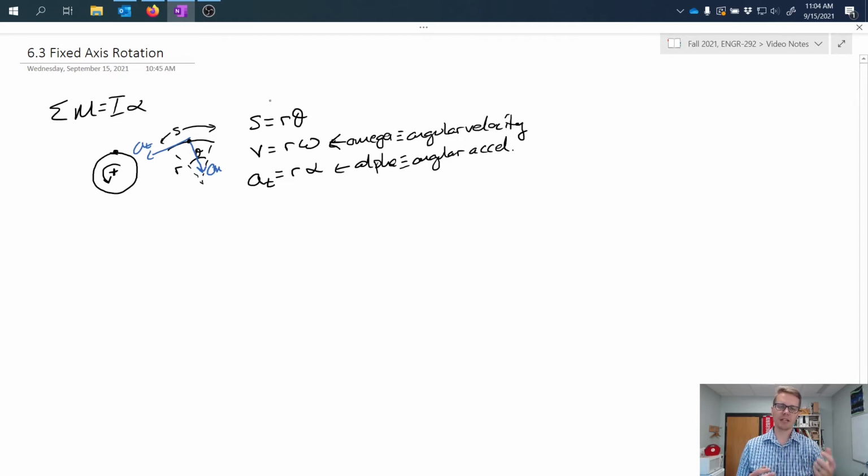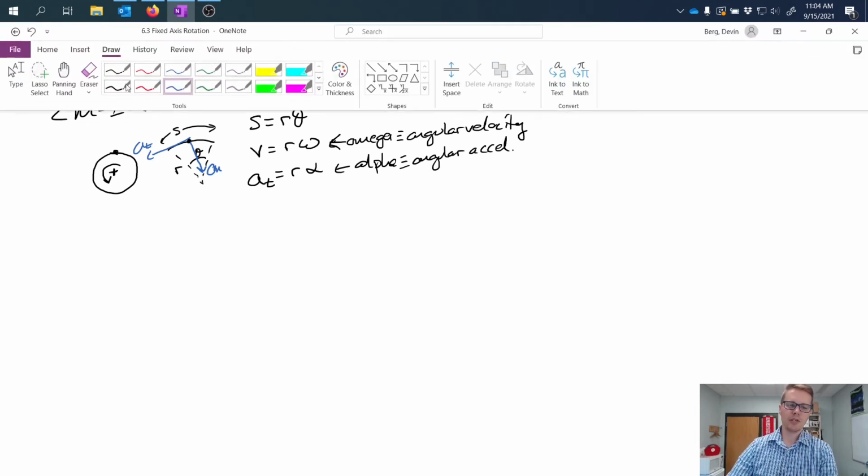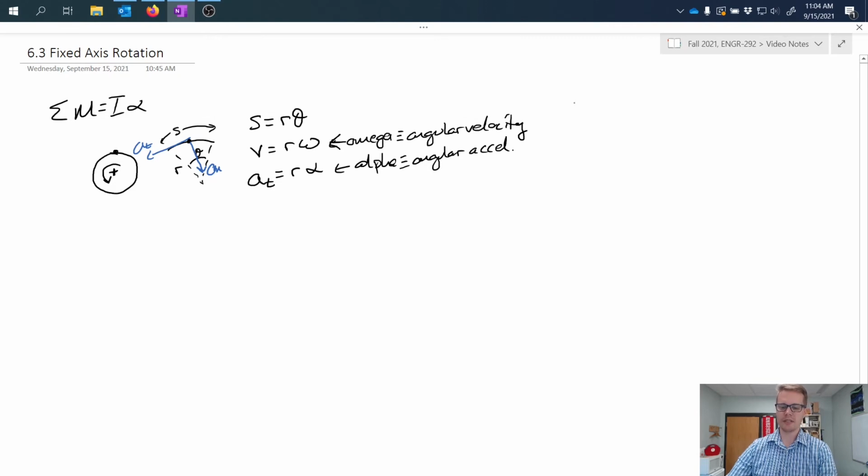So the velocity may be changing in magnitude, but it is also changing in direction. To take that into account, and as kind of an aside, we could take a vector derivative of velocity to get to acceleration, and what we get is something that looks like this: s dot theta dot.